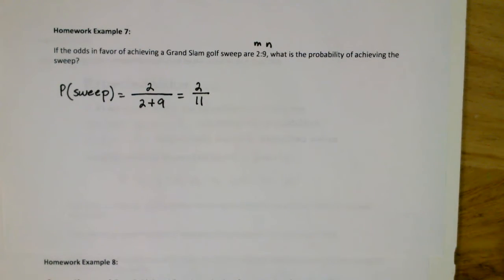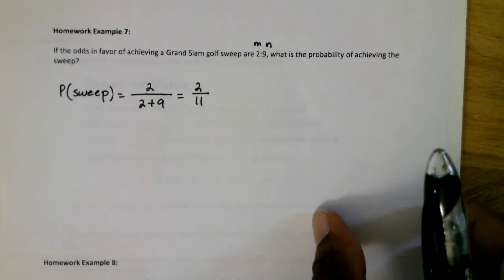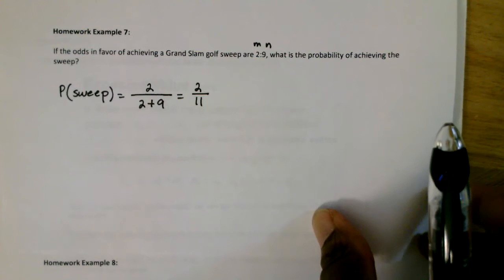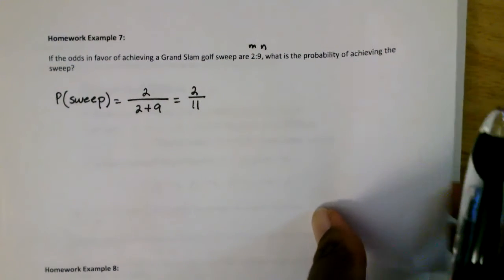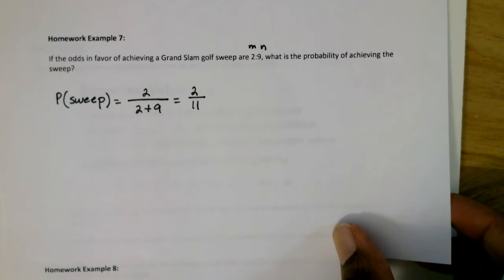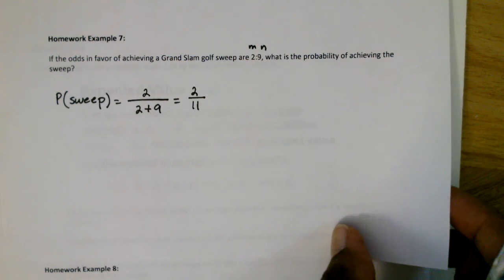So the probability of achieving the sweep at a Grand Slam golf tournament would be 2 out of 11. Okay. So that's how we compute probabilities when we're given the odds in favor or the odds against any event.